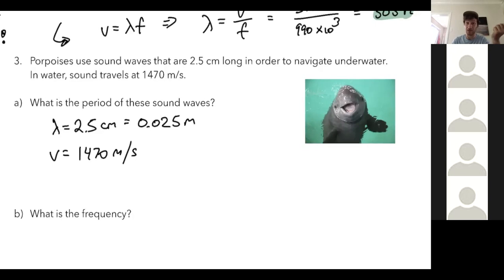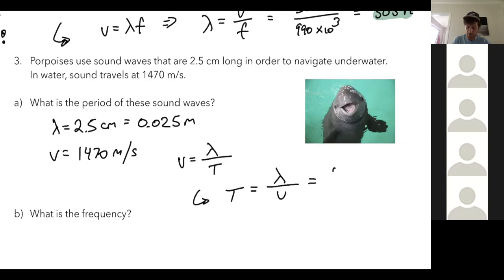Well, if we want to find the period, we should probably use the formula that involves period. Velocity is wavelength divided by the period, which means the period is just going to be the wavelength divided by the velocity, how fast they're going. This is just a nice simple formula.